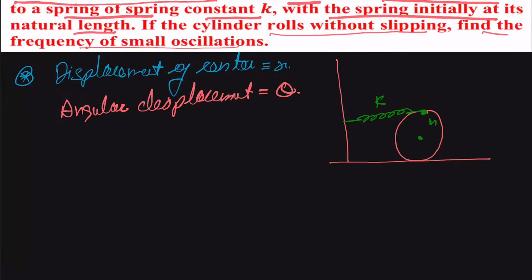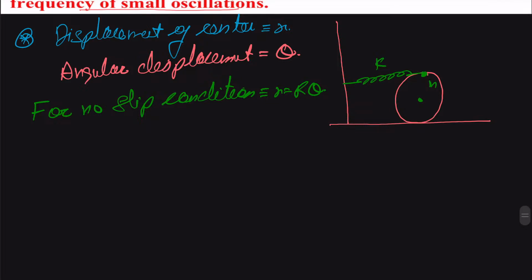Therefore we can write that for the no slip condition, x is equal to r times theta, and if we differentiate it once, we get velocity is equal to r times omega, and its double derivative, that is the linear acceleration, is equal to r times angular acceleration.